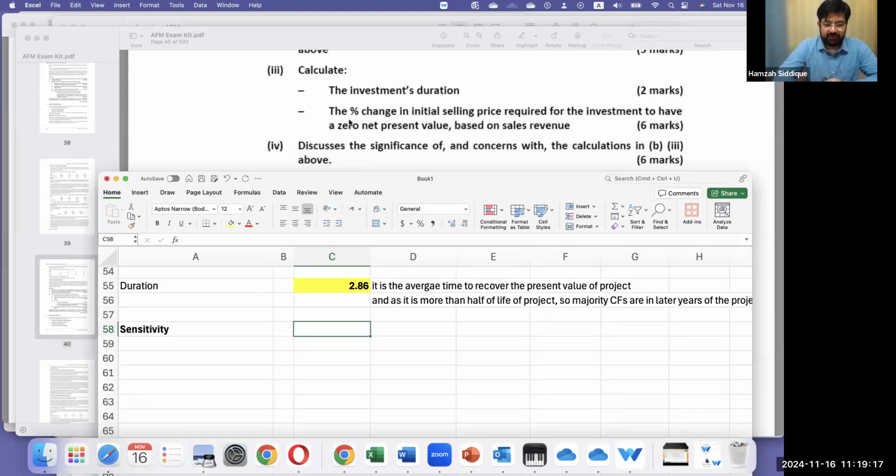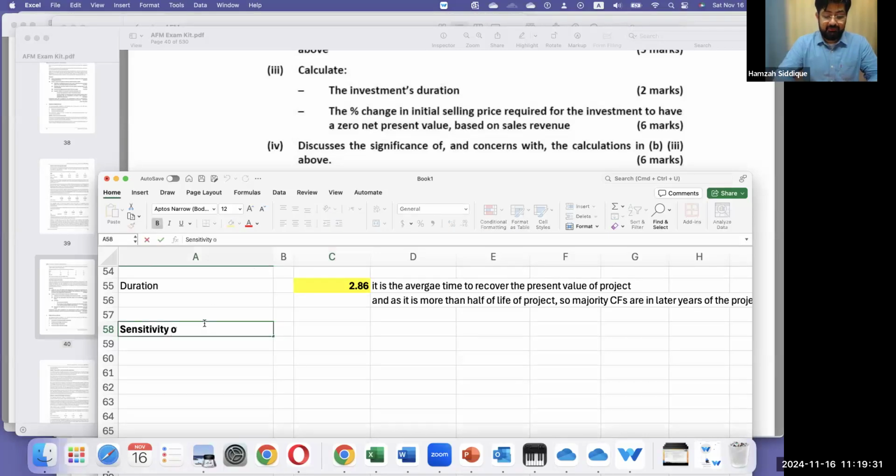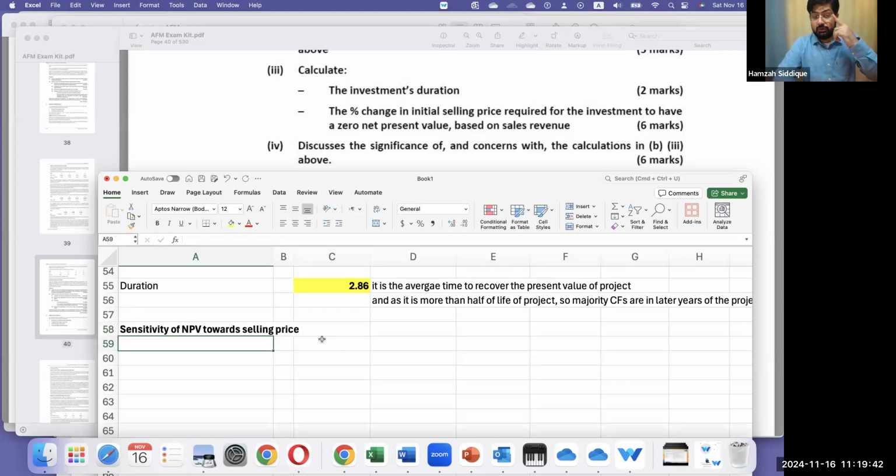So sensitivity is here. Selling price, initial selling price. Okay, how to do this? Students, sensitivity of NPV towards selling price. What we do? We must know the formula.